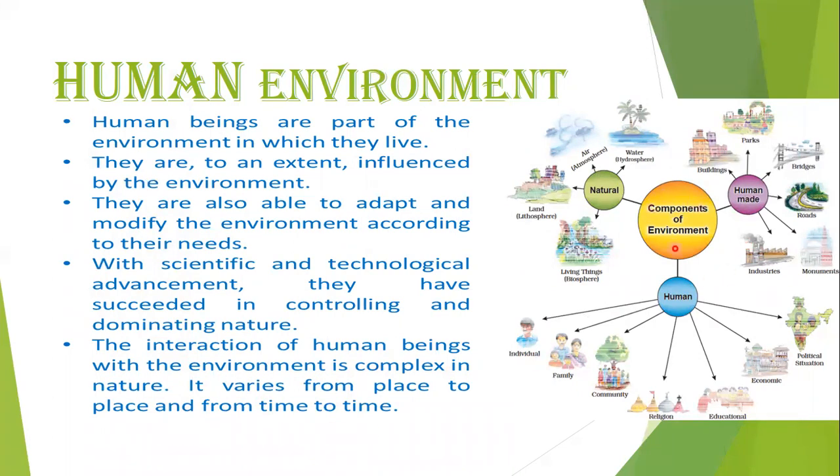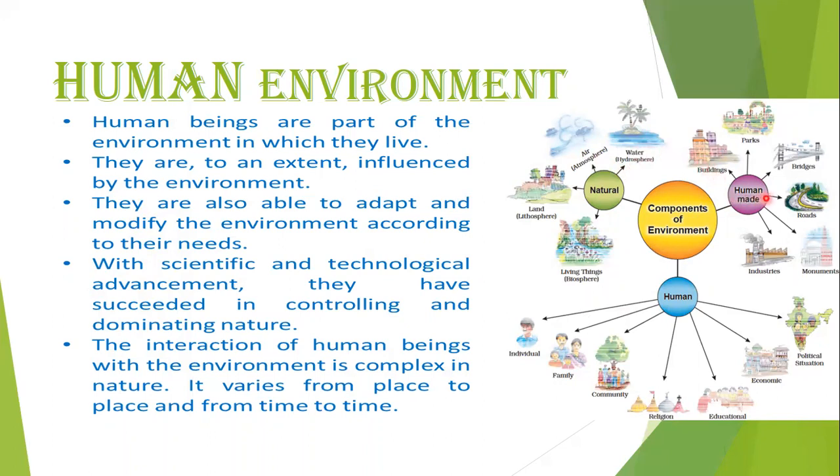These are the components of environment: nature, human-made, and human. There are some examples in this cycle. In natural components of environment, there is land, meaning lithosphere, living things, biosphere, air, atmosphere, and water, hydrosphere.